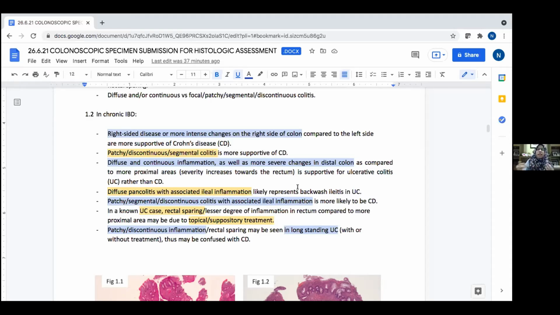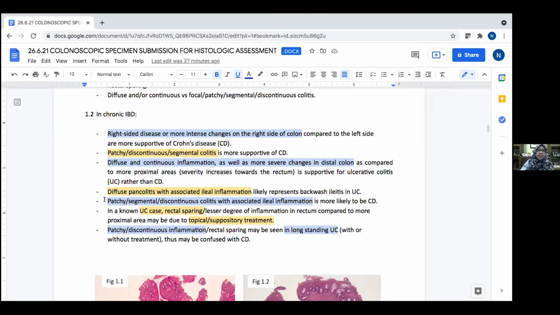So clinically, on scope, it looks like pancolitis, but in histology, it will not be so. It would be looking more like Crohn's disease with features supported by histologic changes that I will show later.